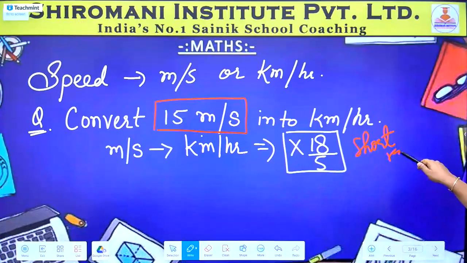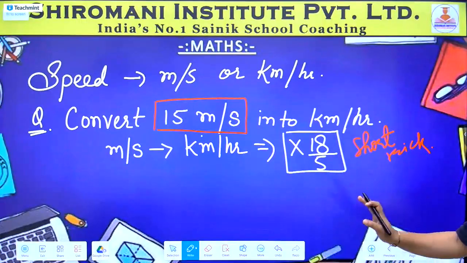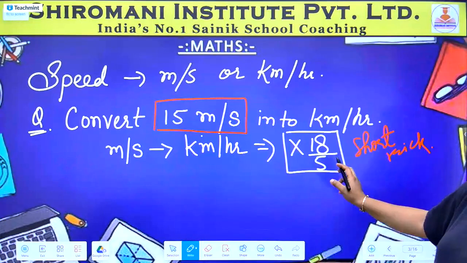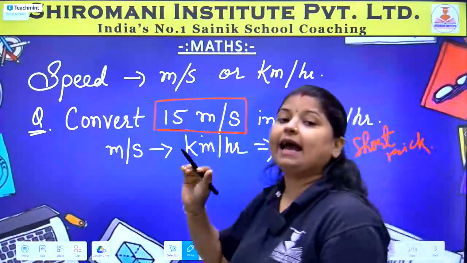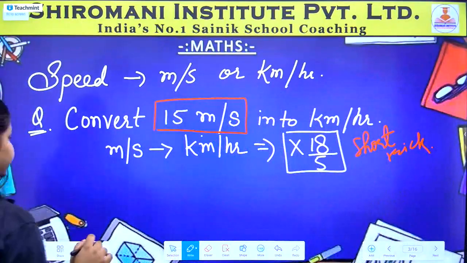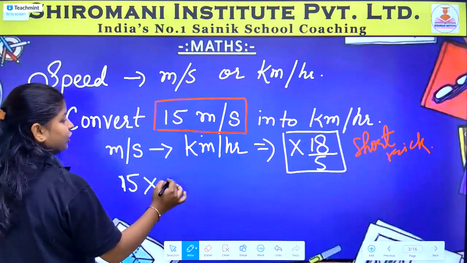This is the short trick, that you shall multiply whatever value has been given to you in the question by 18 upon 5. Suppose I have 15 meter per second, right? I have to convert this into kilometer per hour.